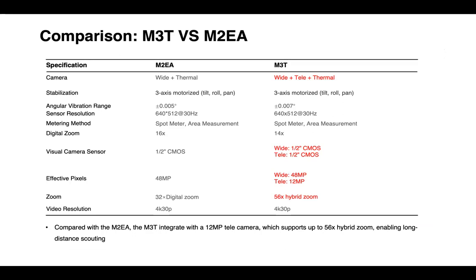And you also have the wide half-inch sensor as well, if you're looking for more of a general overview for the scene as well. Specifically zoom, you're up to 56x hybrid zoom there, but I don't think that necessarily tells the whole story. Obviously, much better range with the M3T zoom.